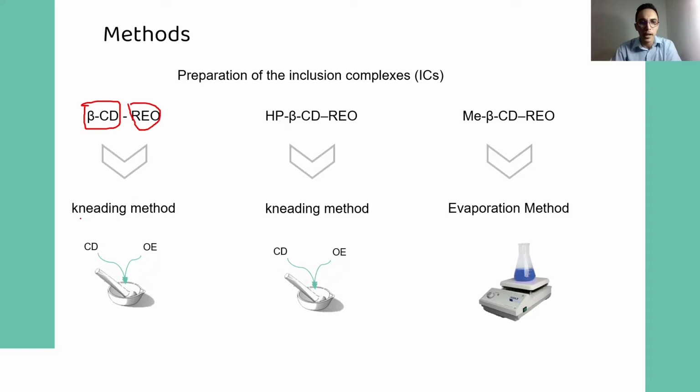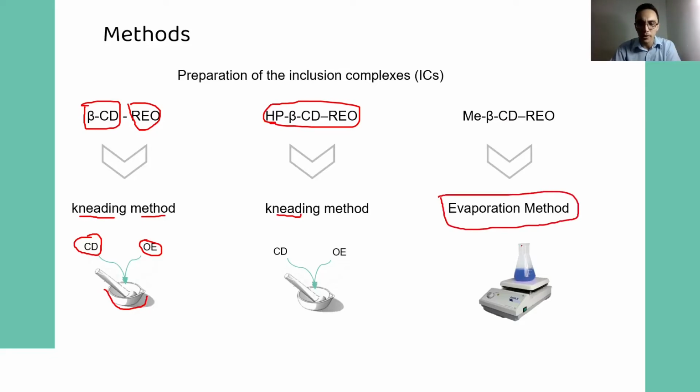We have the kneading method, where you use the cyclodextrin and essential oil, mix and knead, and it's the same for the hydroxypropyl cyclodextrin and essential oil inclusion complex. For methyl cyclodextrin with rosemary essential oil, the method used was the evaporation method, which uses heat to evaporate the solvent and have the precipitation of the cyclodextrin.